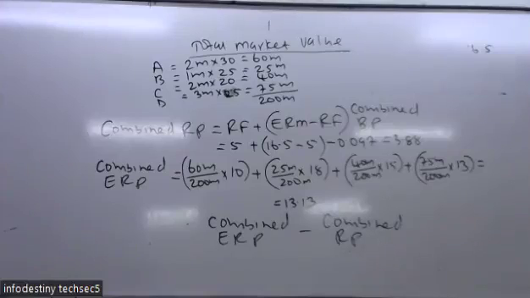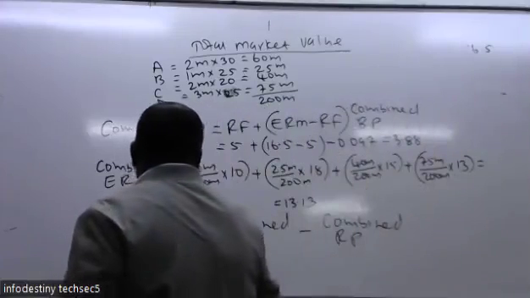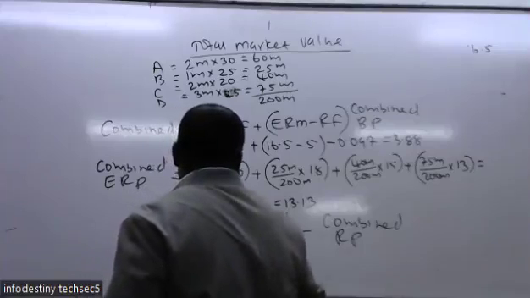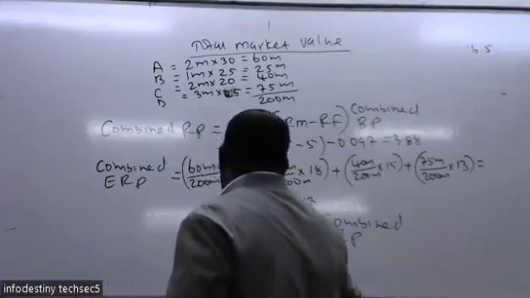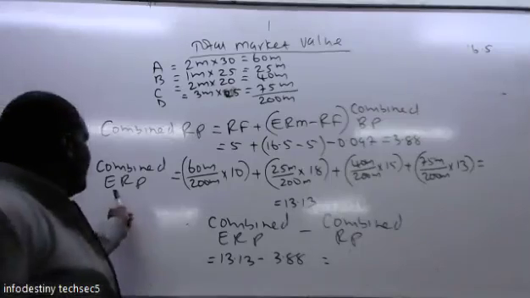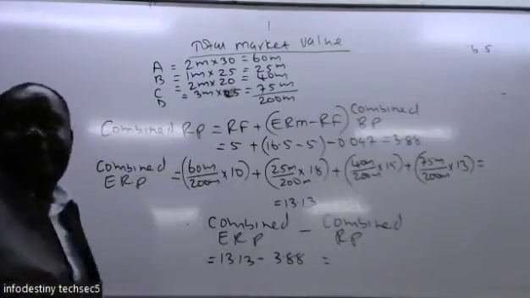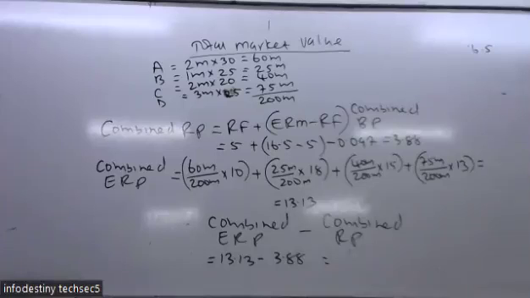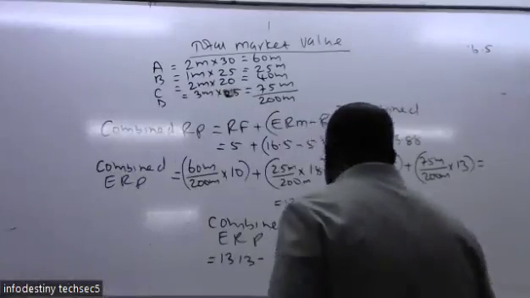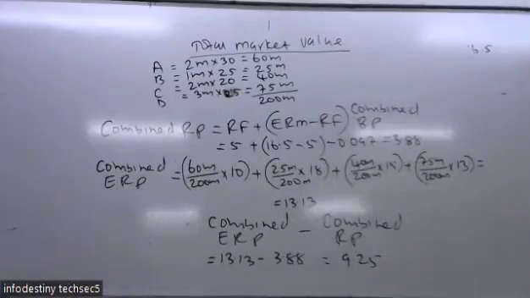So finally, we now take 13.13, we minus 3.88. So this is, remember that part, expected return for the portfolio minus the return for the portfolio. It is giving us positive 9.25.